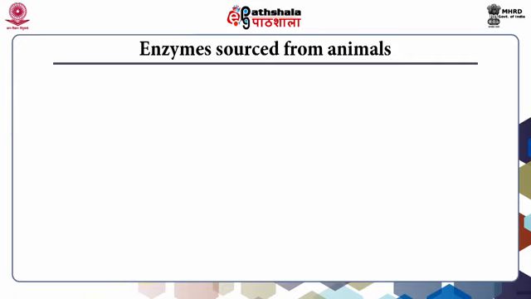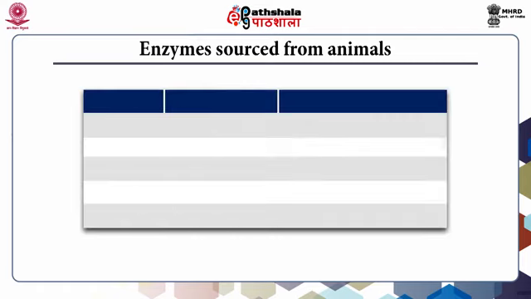Enzymes were initially obtained from animals. The processes included slaughtering of pigs or cows, followed by extraction of enzyme from their pancreas. However, such enzyme suffered the drawback of being relatively unstable at lower pH or at temperature different from the temperature of the source animal.